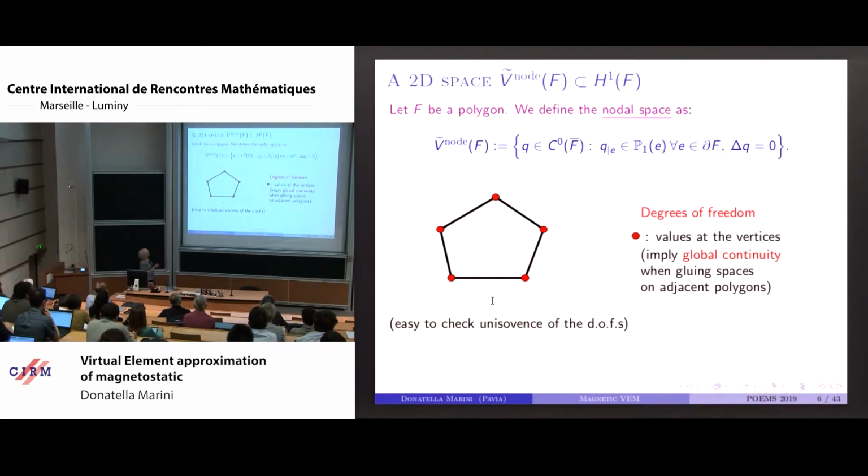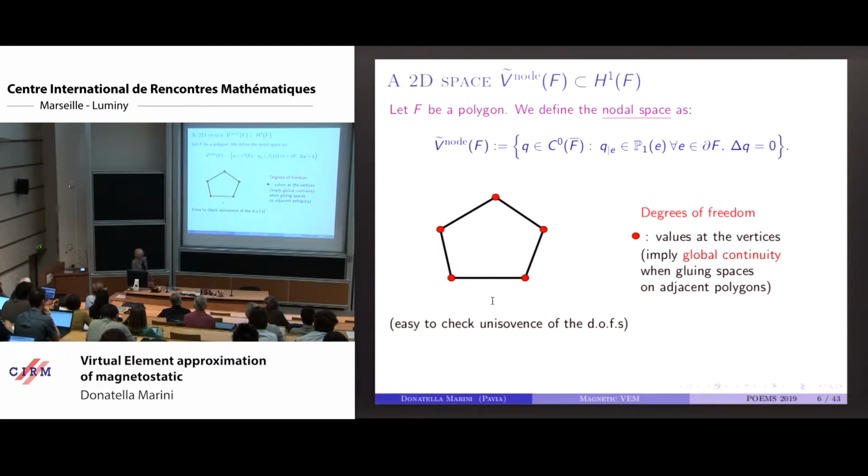The degrees of freedom are very simple, the values at the vertices of the face. It is very easy to check unisolvence of these degrees of freedom, which are classical, and what is important is that when we glue together the spaces to create the global space, the choice of these degrees of freedom will imply global continuity. We want to be in H1, okay.